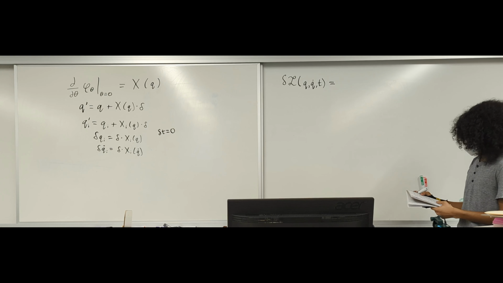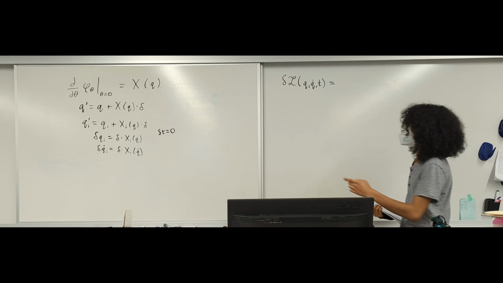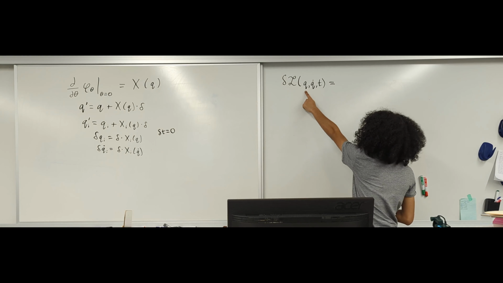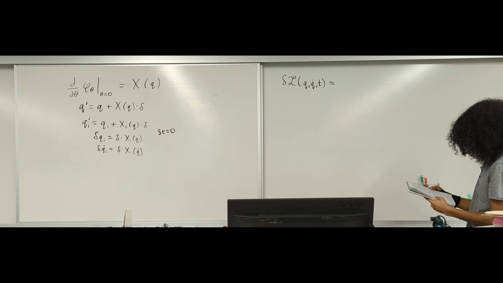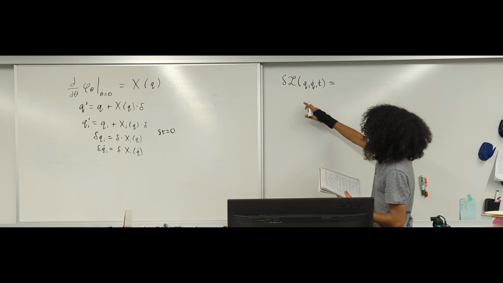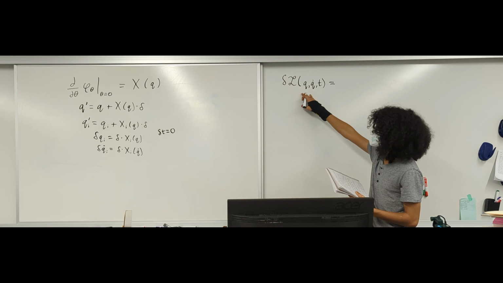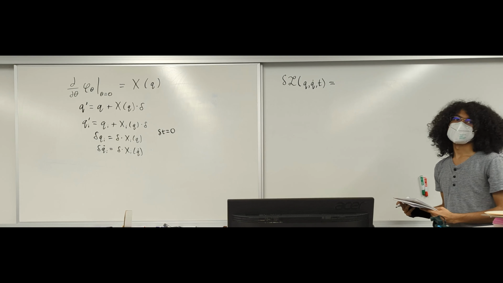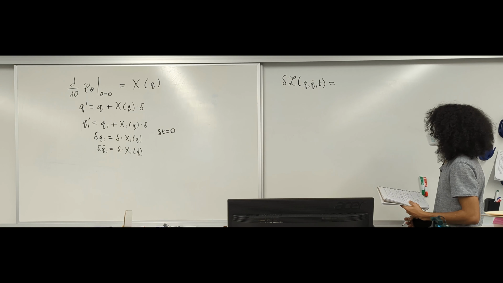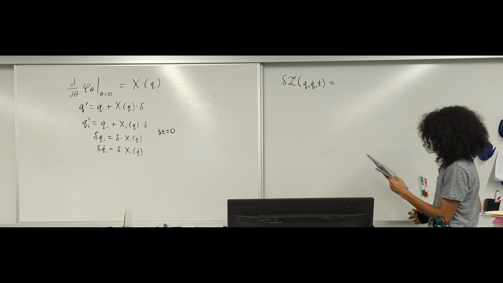Because the transformation is infinitesimal, and so the variations in each of these things are also infinitesimal, we can evaluate what the change in Lagrangian is essentially through the chain rule, just looking at this with derivatives.